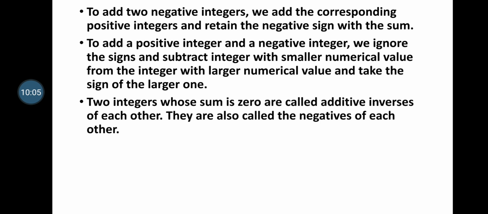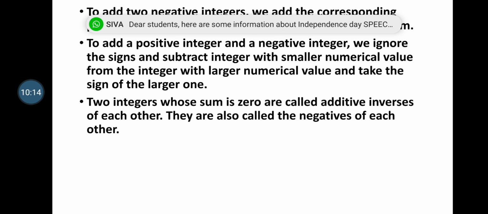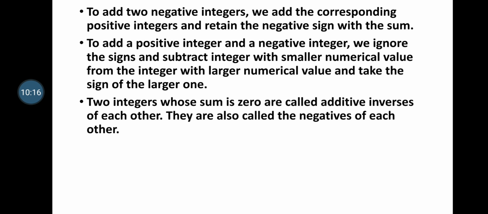Two integers whose sum is 0 are called additive inverses of each other. They are also called the negatives of each other. So additive inverse I already told you: the numbers which you add together will give you 0. So they are also called negatives of each other.